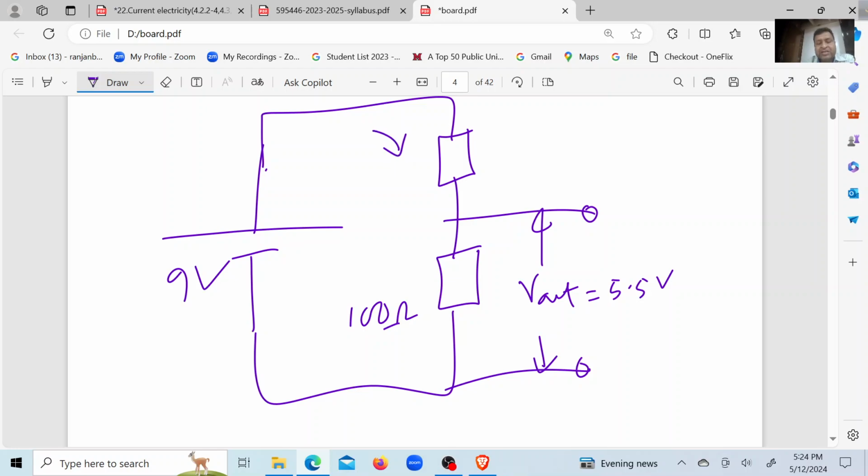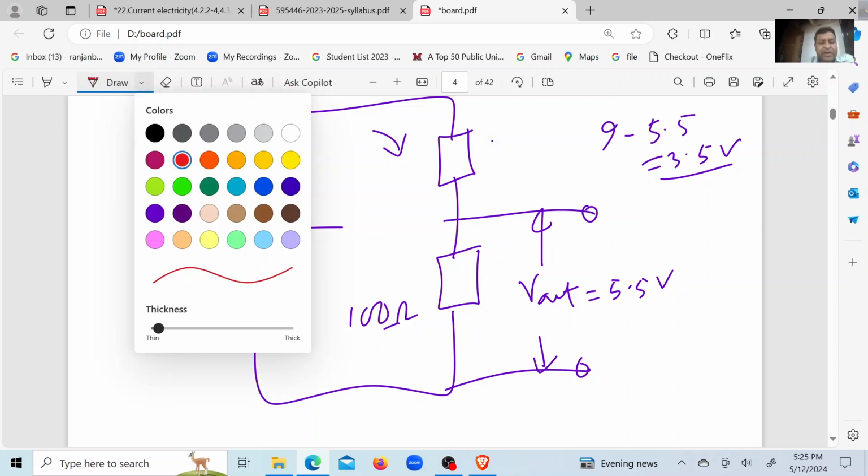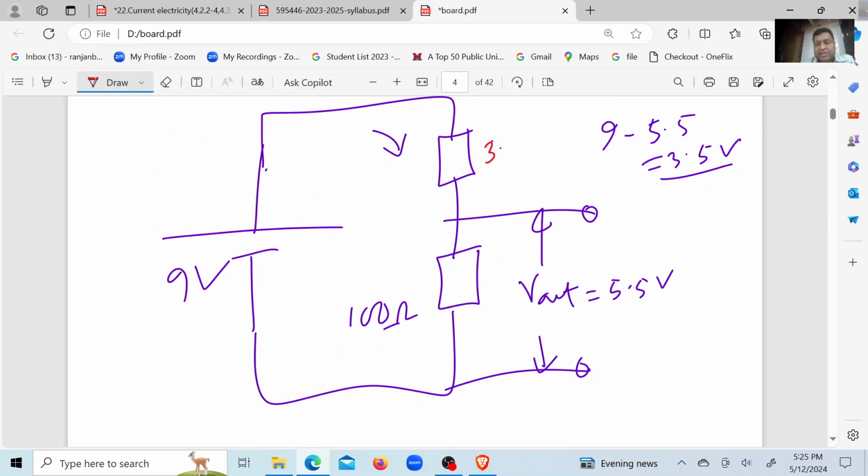What resistance do you expect here? Very simple. If you subtract 5.5 from 9, it will be 3.5 volt, right? So that voltage is there across this other resistor, R1, R2.